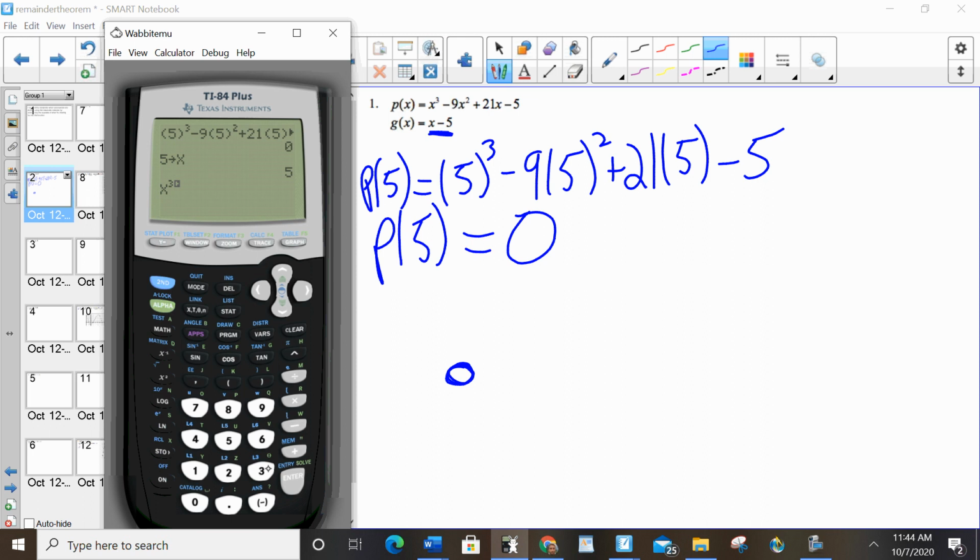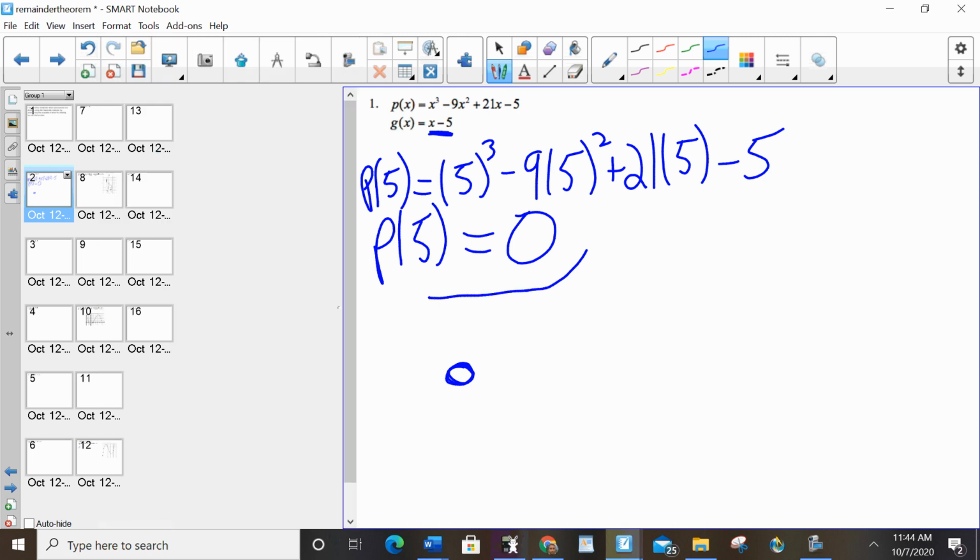X cubed minus 9x squared plus 21x minus 5. And I get 0. So you don't have to do it with storing, but you're going to see it's going to be a lot easier and faster and less likely to make a mistake once you master the storing. Either way, the remainder is 0.